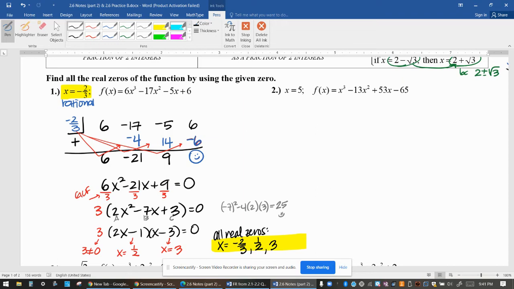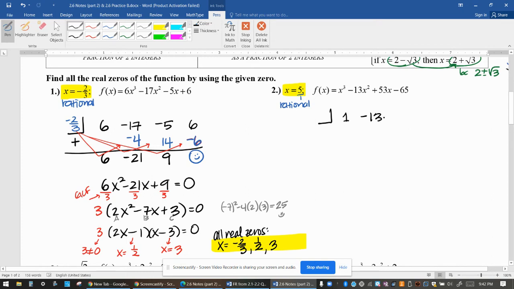All right, the next one gives me a rational zero. 5 can easily be written as a fraction by just putting a 1 under it. Okay, so remember, if it's rational, you can use synthetic division. So set up your synthetic division.